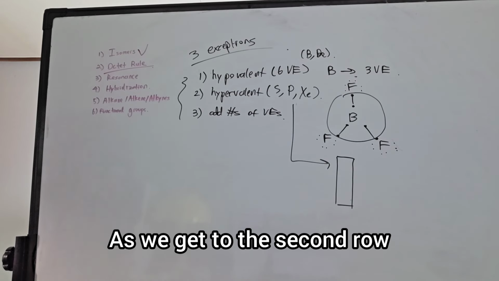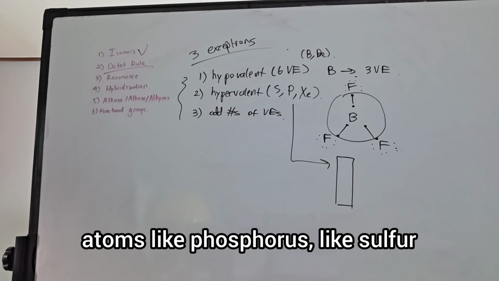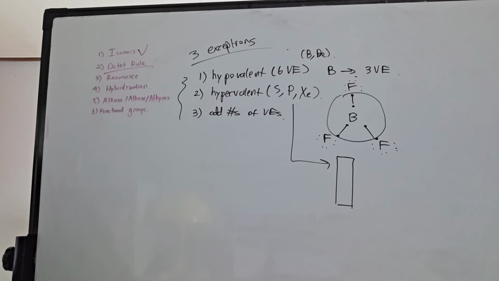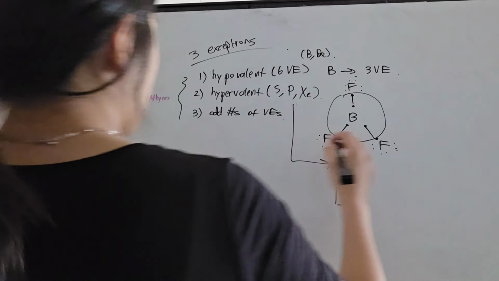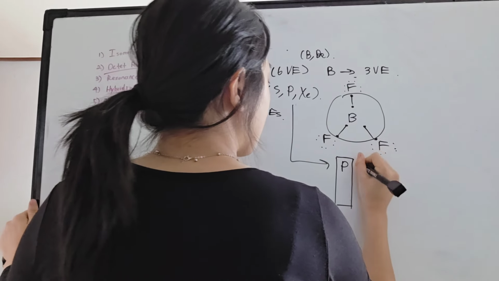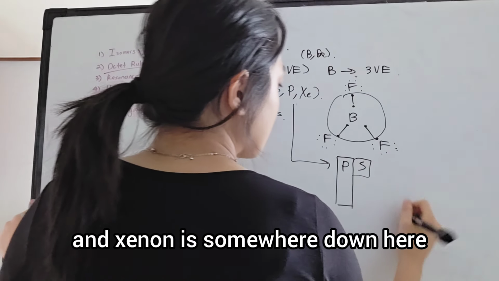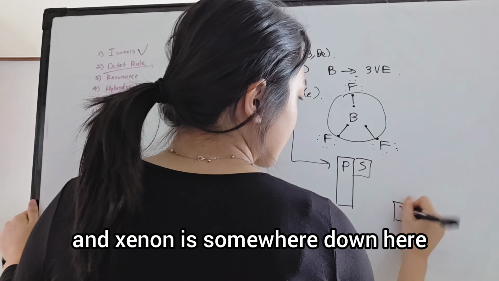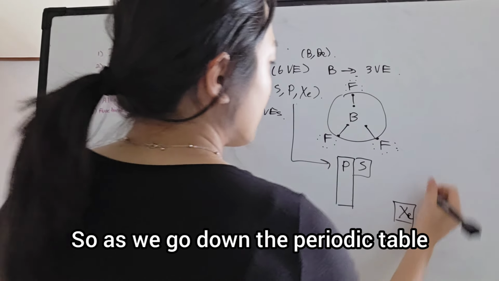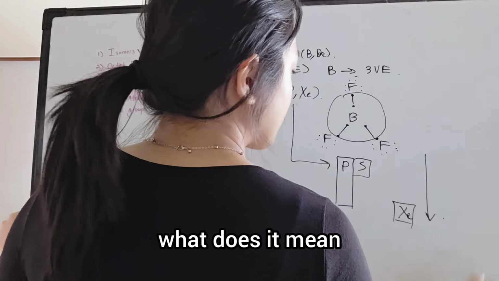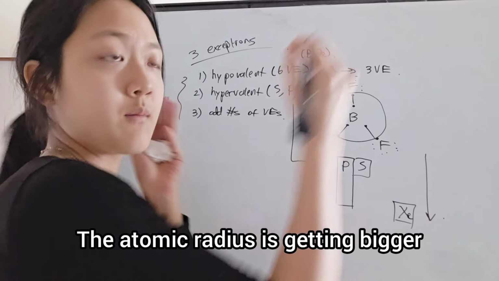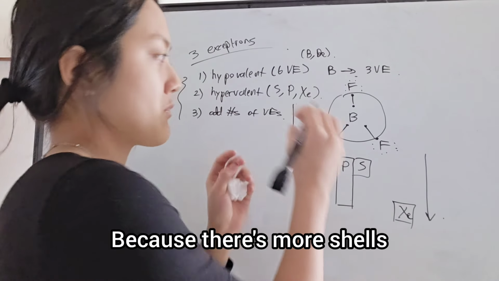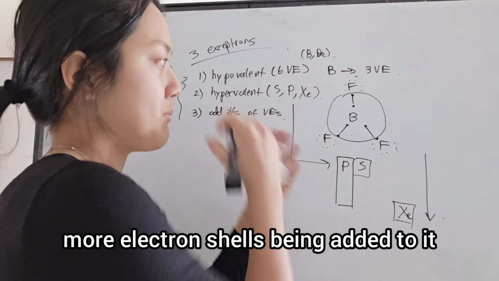As we get to the lower rows, atoms like phosphorus, sulfur, and xenon. Phosphorus is over here, sulfur is right around here, and xenon is somewhere down here. So as we go down the periodic table, the atomic radius is getting bigger. And why is that? Because there are more electron shells being added.